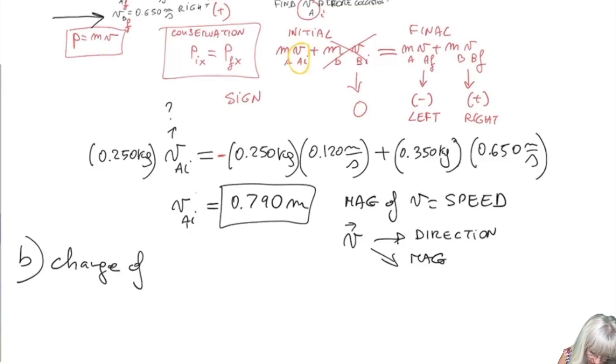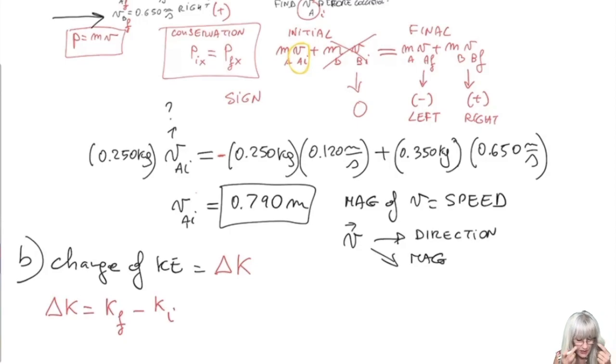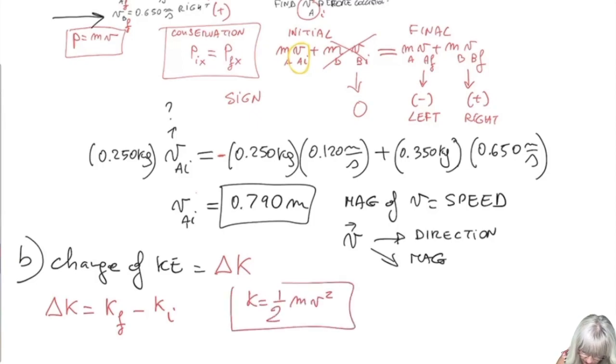Basically, it is nothing else than delta K. You do recall that delta K, the change in kinetic energy, is the kinetic energy final of the system minus the kinetic energy initial of the system. You also recall that the kinetic energy is 1/2 mv squared.